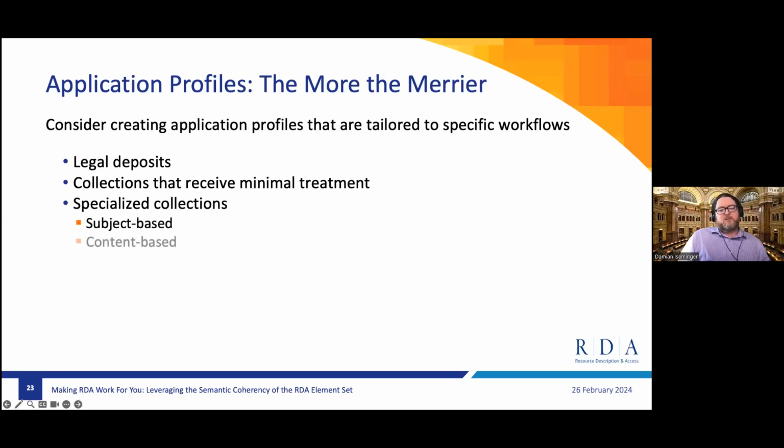For national libraries, legal deposits are a huge part of our workflow. So maybe you're creating an application profile that is specific to legal deposits. This is going to be becoming increasingly important as more and more things that would normally have been accepted as books in a legal deposit are now electronic books.